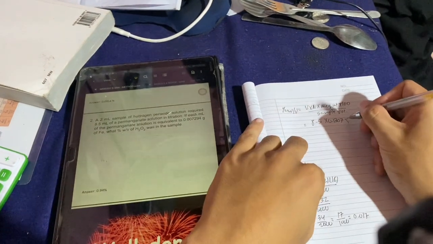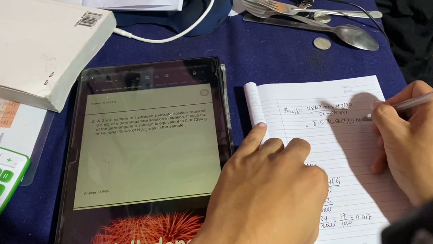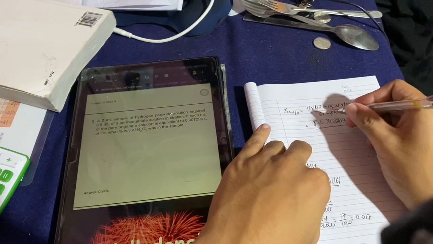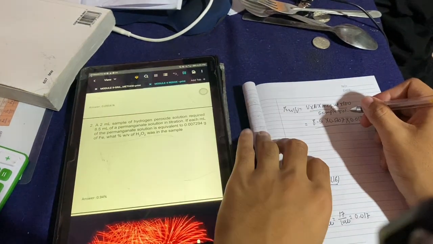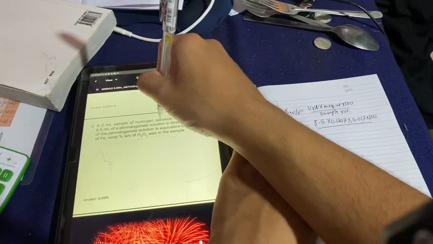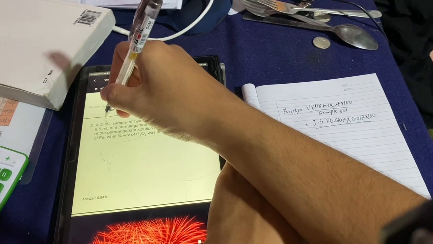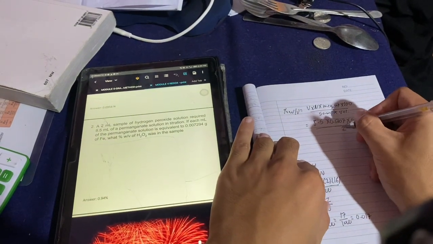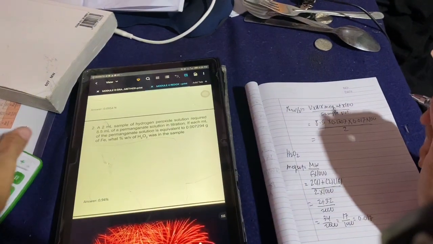So we put it here, 0.017, then times 100. Then the sample volume. What is our sample? The sample of hydrogen peroxide, so that is the 2 ml, that's the sample volume. So we write it there. Then let's calculate.